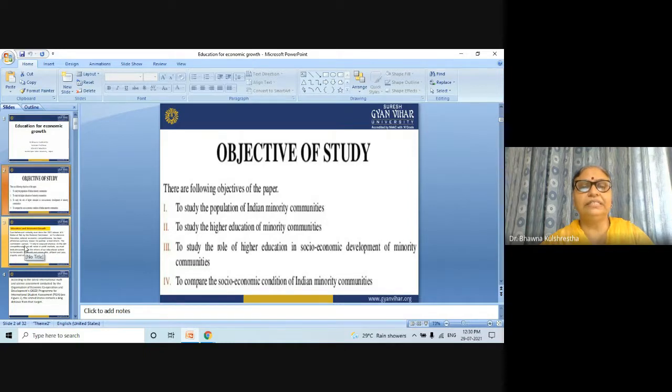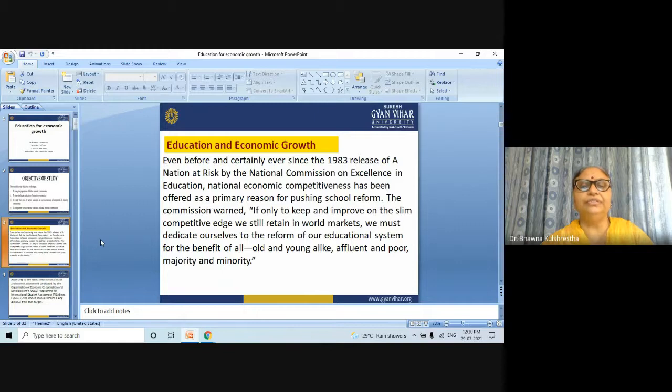And the next is introduction, education, and economic growth. Even before and certainly ever since the 1983 release of A Nation at Risk by the National Commission on Excellence in Education, national economic competitiveness has been offered as a primary reason for pursuing school reform.